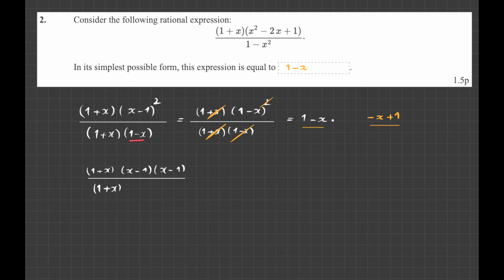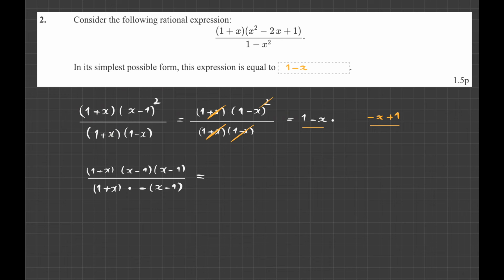So here I have 1 minus x. In order to be able to simplify it with the numerator, I need it in different order. I need it to be x minus 1. Okay, so this motivates me to factor a minus sign out, and instead of writing 1 minus x, write x minus 1. That's also another way to see the same problem.